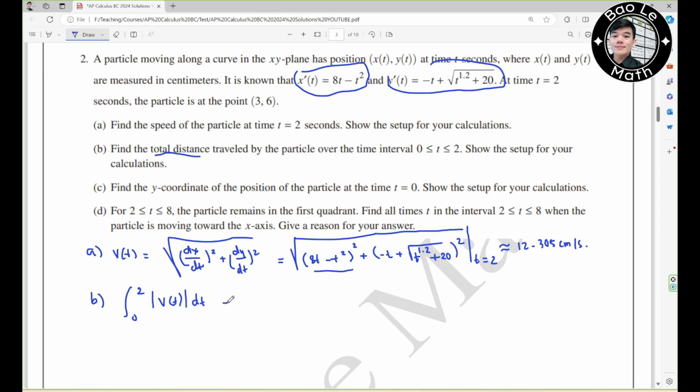So it's the integral from 0 to 2 of the absolute value of the square root of x prime of t squared plus y prime of t squared dt.